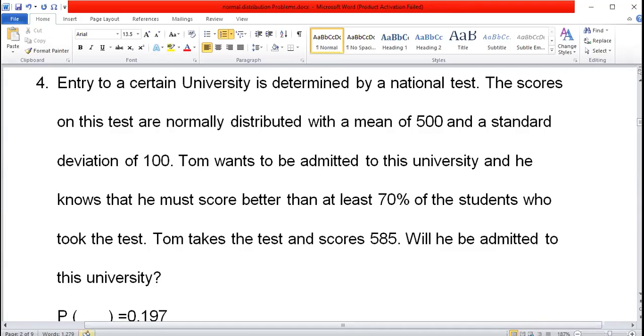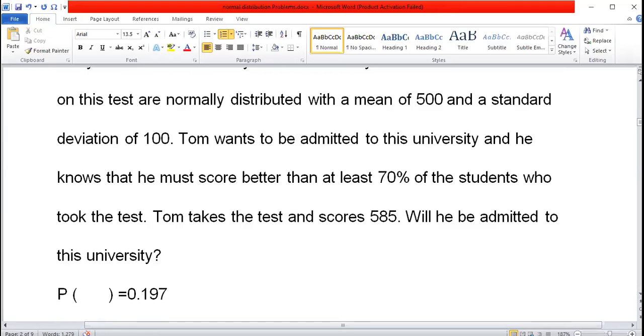It should be the probability that the T score is greater than 70%. Now, what did you do? You don't know what you did. You did it mechanically. Sir, it is the probability of his score.